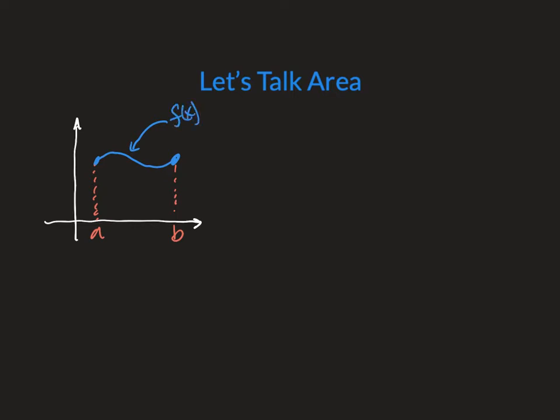Now what I want to do is make a new function, a new function called A of t.